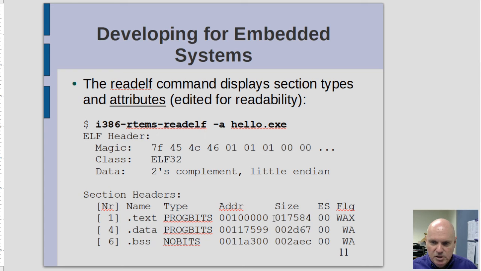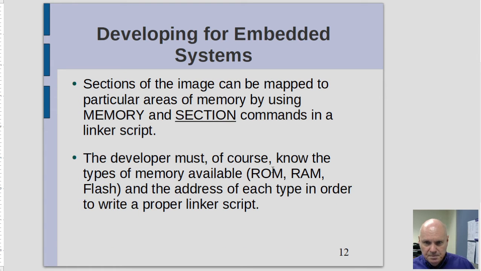The text section is the section that contains our machine code. The data section contains initialized data, and then the BSS section contains data space for variables that are not initialized. It's actually initialized to 0. But we'll look at those a little later on.